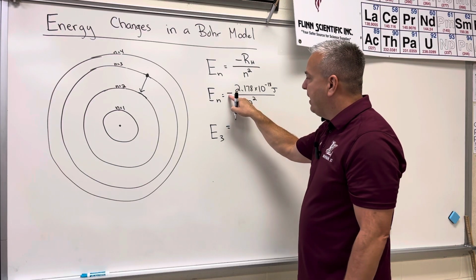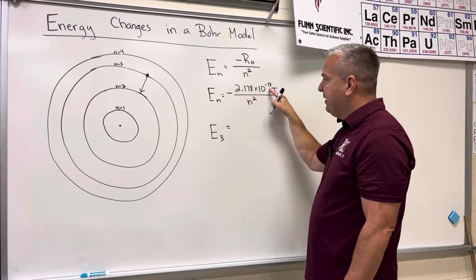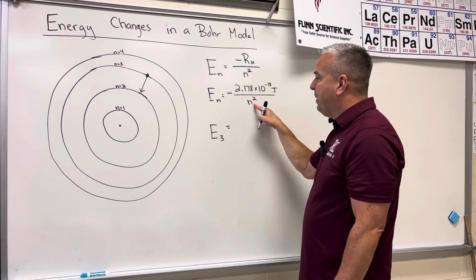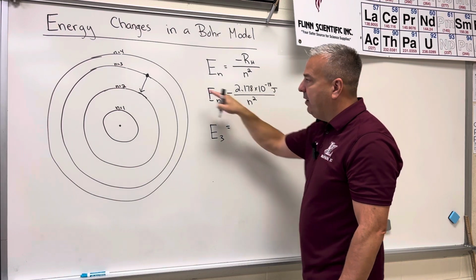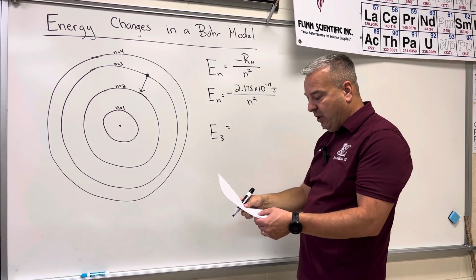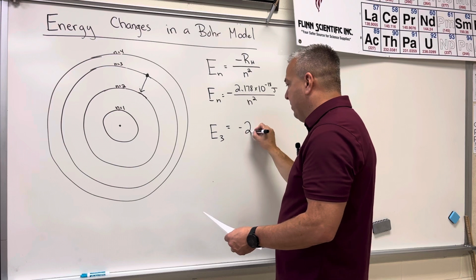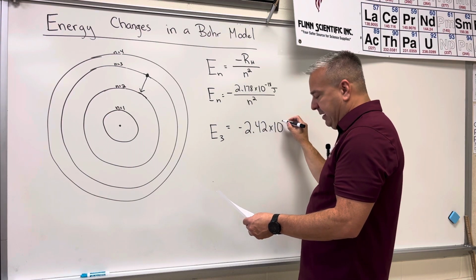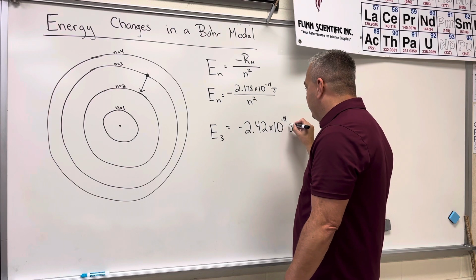So we're going to plug in our calculator, negative 2.178 times 10 to the negative 18 joules, and we're going to divide it by 3 squared, because we're talking about the energy on the third level. When we do that, we get this number of negative 2.42 times 10 to the negative 19 joules.